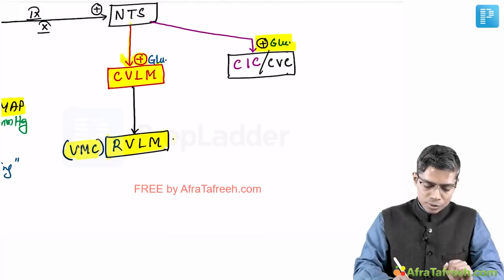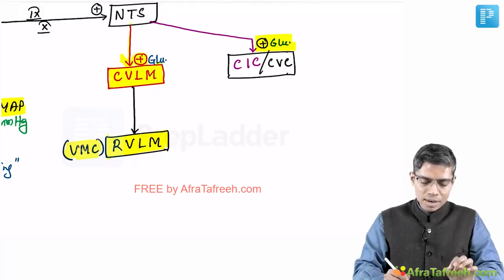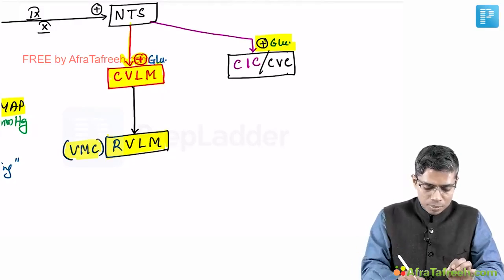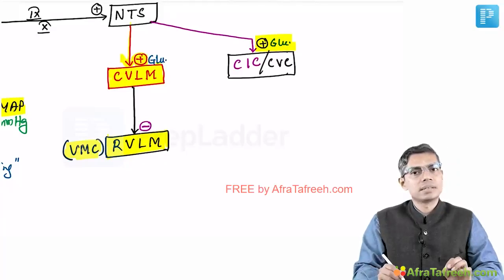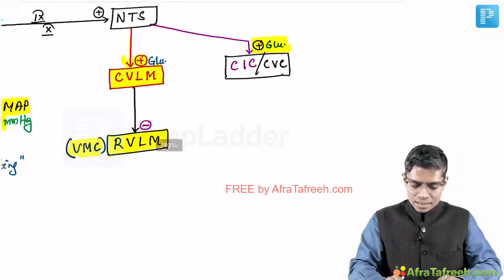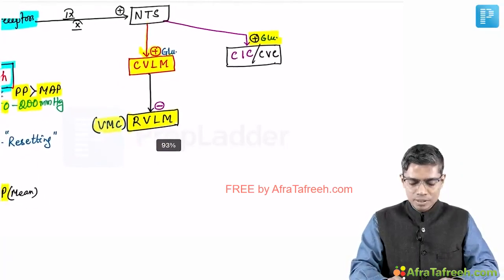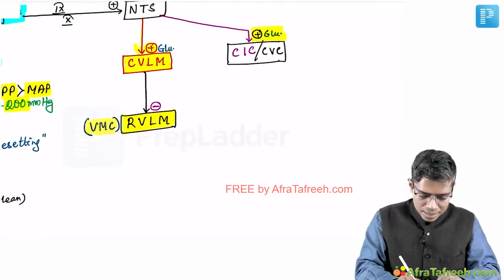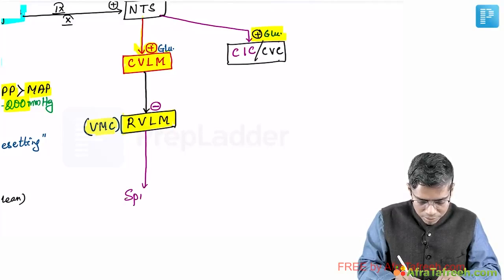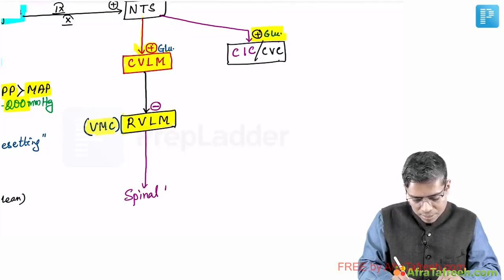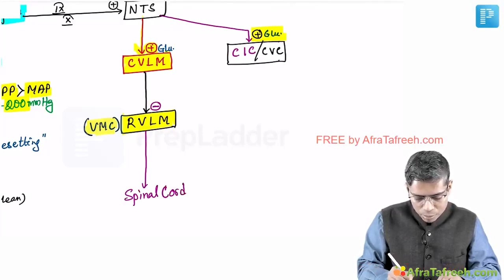I told you the neurons projecting from the CVLM to the RVLM are inhibitory neurons. So obviously, if the CVLM is stimulated, the RVLM is going to be inhibited, right? And what is the importance of this center? This is the center which is connected at the level of the spinal cord. Which segment?